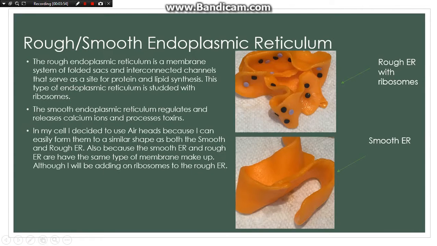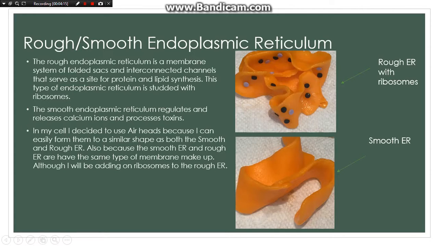So rough ER and smooth ER. So rough ER is a membrane system of folded sacs and interconnected channels that serve as a site for protein and lipid synthesis. This is a type of ER that is studded with ribosomes.